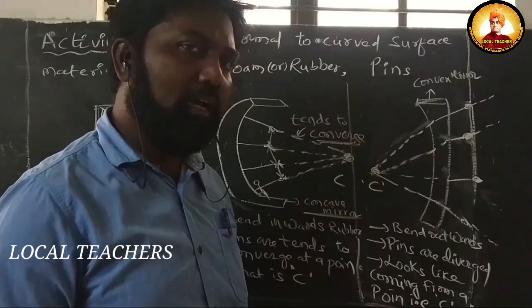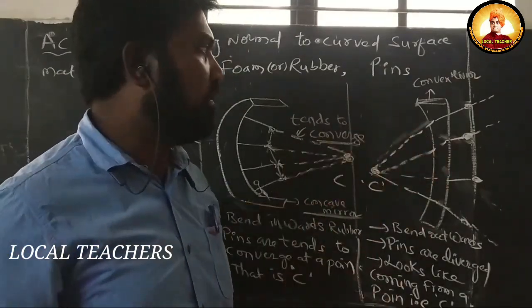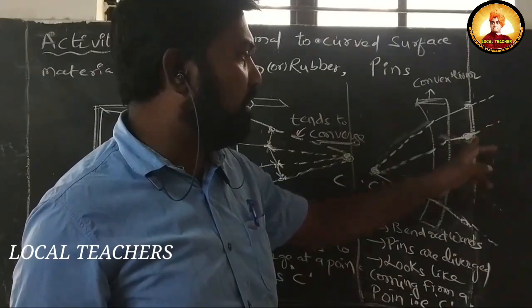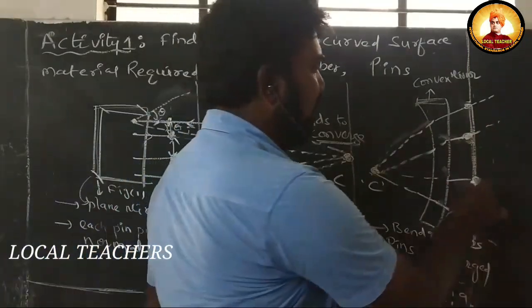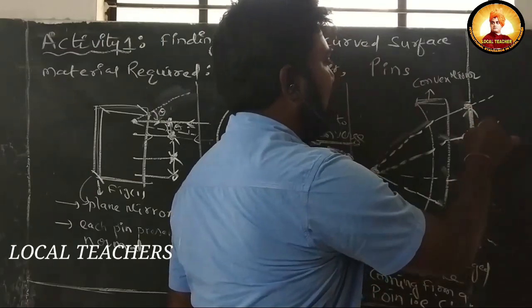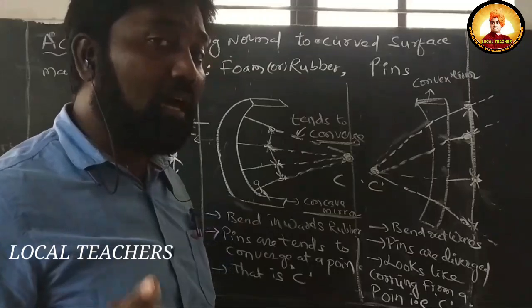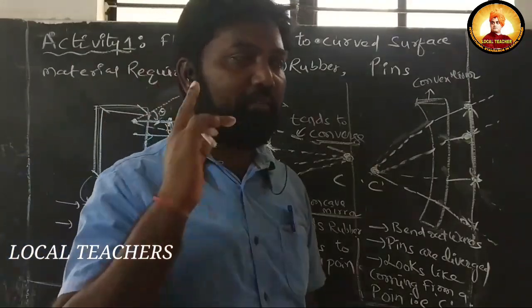Bend the rubber outwards. Observe here the distance between the pins is increased. So here the pins seem to be diverged.